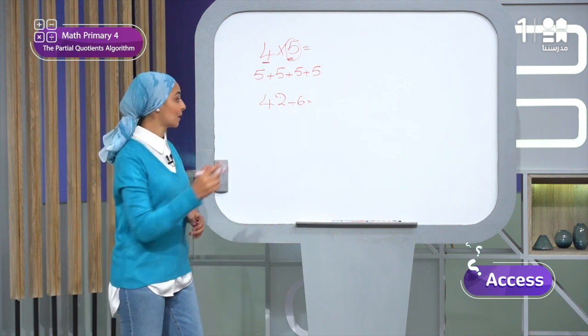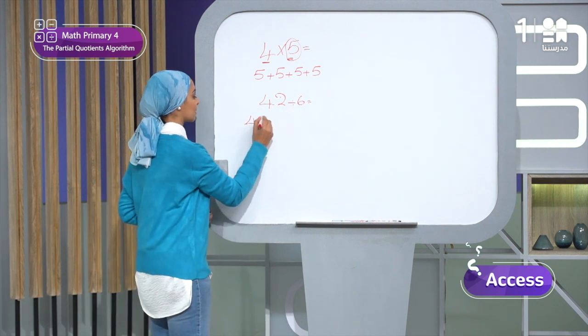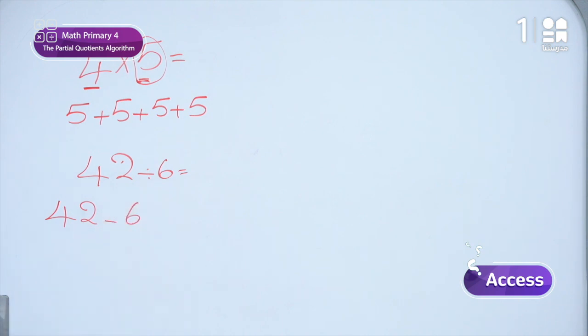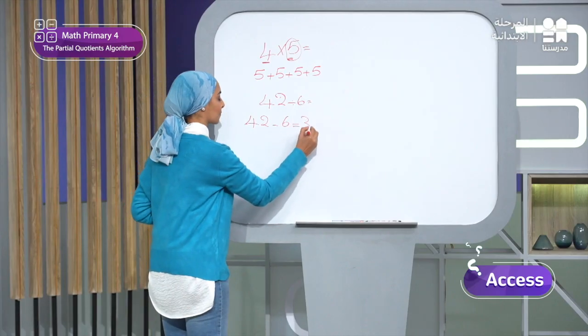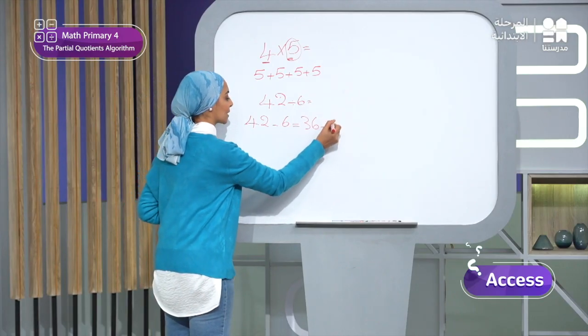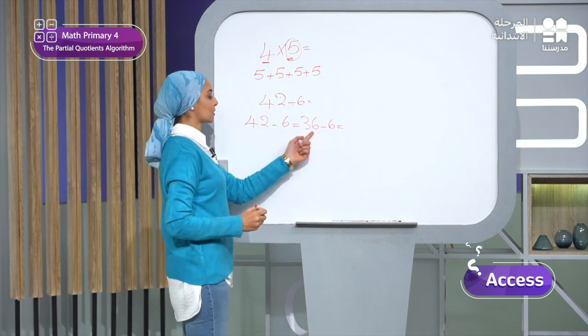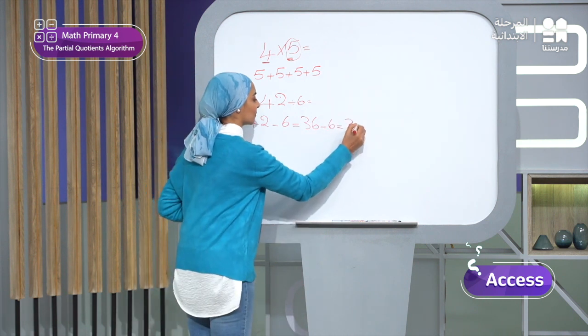Let's do it together. I will start with 42 minus 6. 42 minus 6 equals 36. Again, I will subtract 6 from 36. So, 36 minus 6 equals 30.